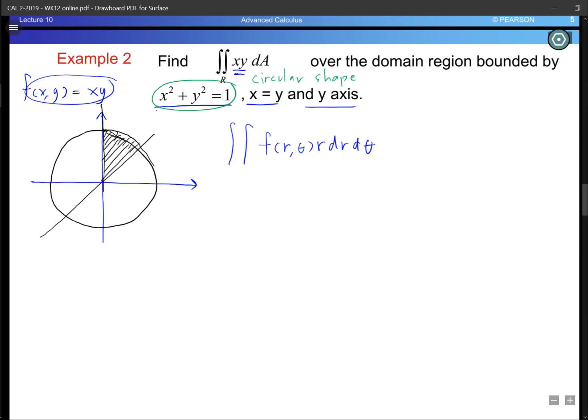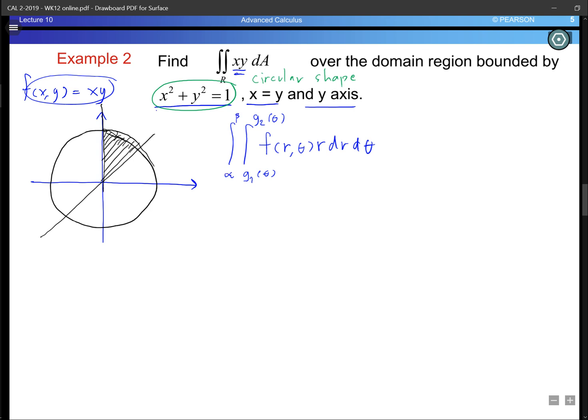And let's use the advanced one. So the sweeping of the radius starts from the inner function, that is g1(theta), up to outer function g2(theta). And the angle sweeps over the whole range, starting from alpha to beta.